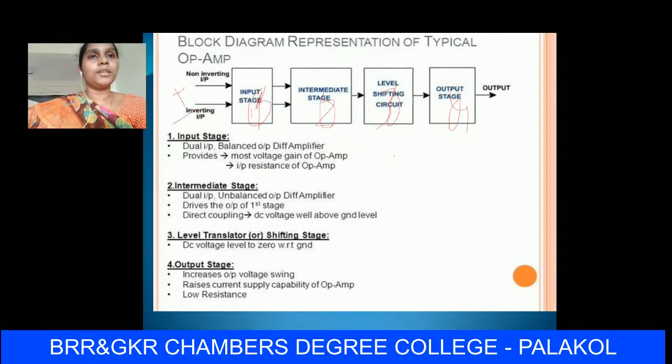First one is the input stage, another one is the intermediate stage, third one is the level shifter stage, and finally the last one is the output stage. So these all are differential amplifiers. That means cascading all these differential amplifiers produces increased gain. That's why the op-amp is a high gain differential amplifier.